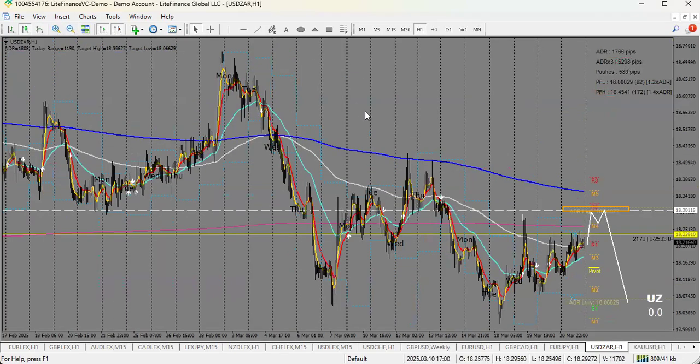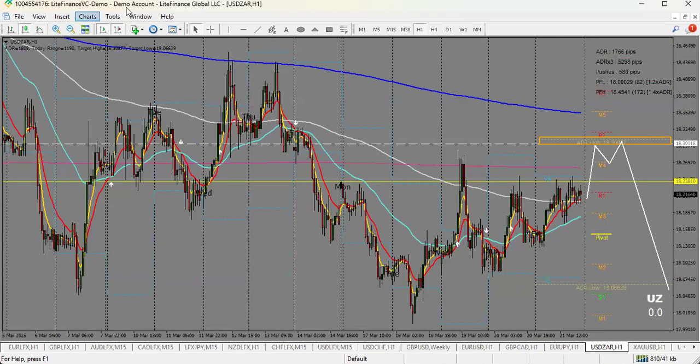So if we look at this chart, we had a peak here, a complete cycle. This here is a peak reset. So let's see if this peak reset had completed the 3 times ADR. So I'm finding 17.